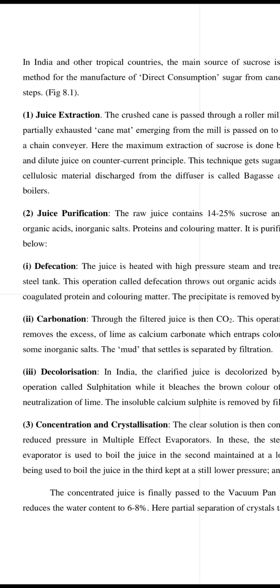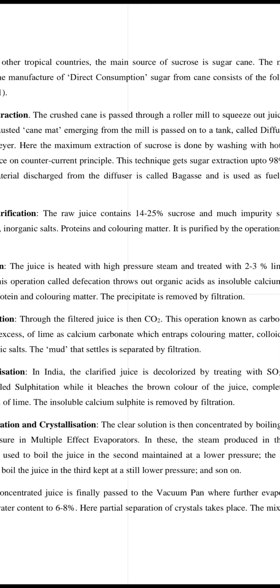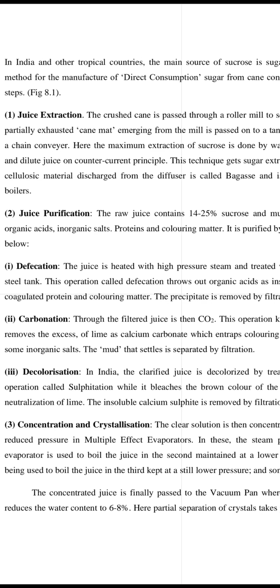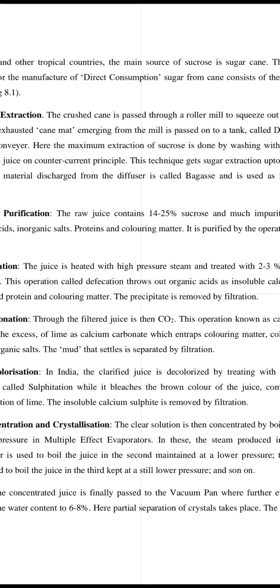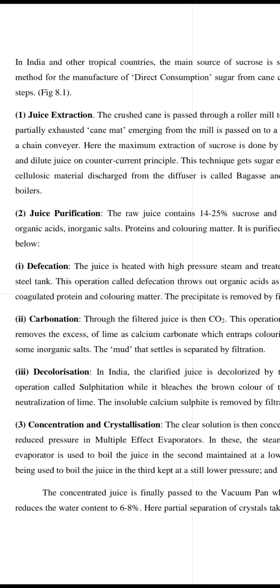After that we do carbonation. The filtered juice is then treated with CO2, and this operation, known as carbonation, removes the excess of lime as calcium carbonate, which entraps coloring matter, colloidal and some inorganic salt. The mud that settles is separated by filtration. Then we do decolorization.